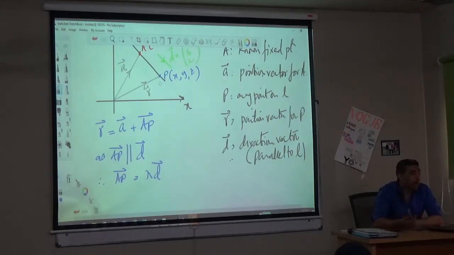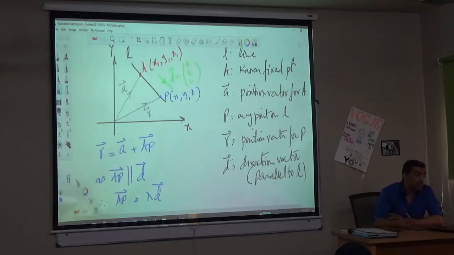Agreed? Now it depends on what that scalar multiple is. That depends on the length of AP and the length of D. If the length of AP is 2 times the length of D, then I'll say AP is equal to 2D. If the length of AP is 3 times the length of the vector D, then AP is equal to 3D. So in that case, what will be the value of lambda? 3.